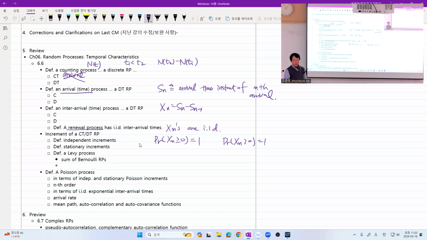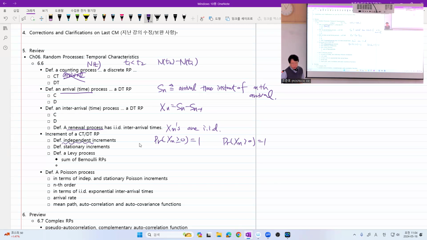This is called the increment on the interval T1, T2. In terms of these increments, we say a counting process satisfies independent increments if, given two non-overlapping time intervals, the associated increments are independent random variables.